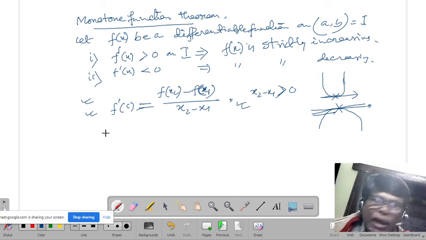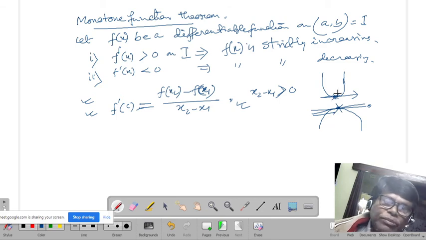Next day, not today, I will give you a detailed structure of this, and then you have to find out where this change of direction occurs, and this point will be known as the point of inflection, where the curve changes from concave to convex or convex to concave.